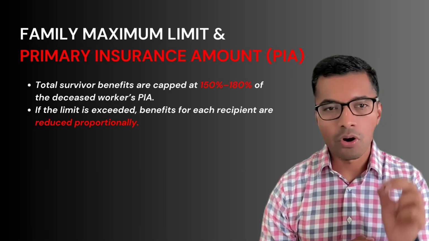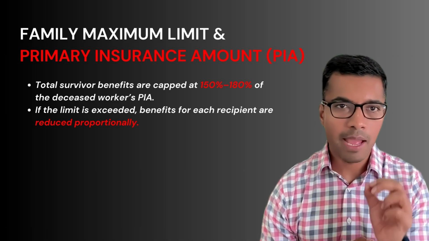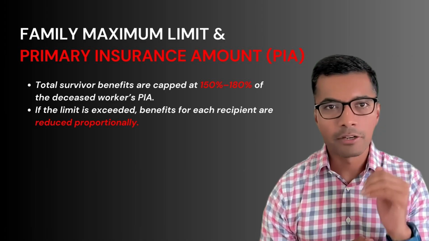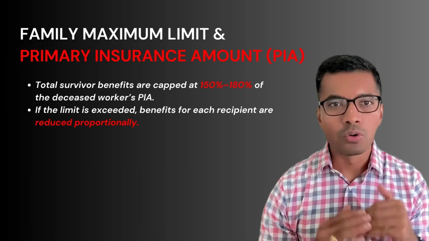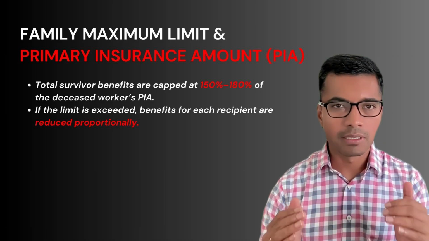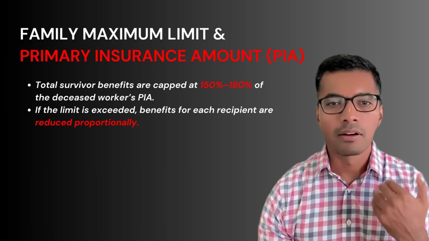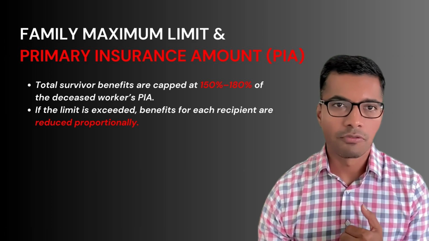This family maximum limit is applied to all the survivor benefits. If the survivor benefits go above this limit, everything is reduced proportionally for the survivors. Let's take an example.